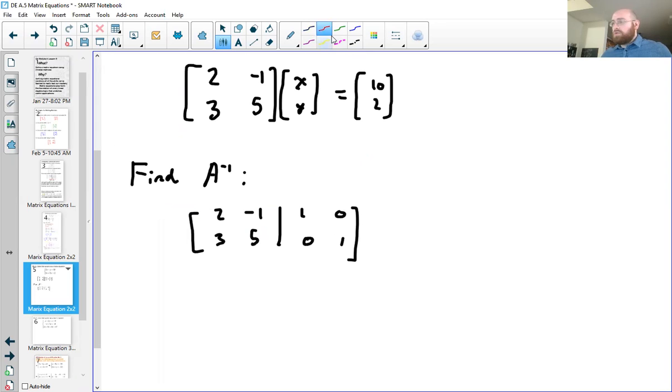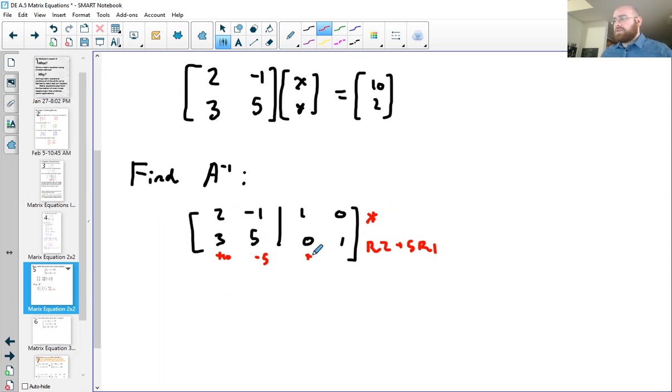First, I'm going to label row 1 as our pivot. For our second row, I'm going to do row 2 plus 5 times row 1. So 5 times 2 is 10. 5 times -1 is -5.